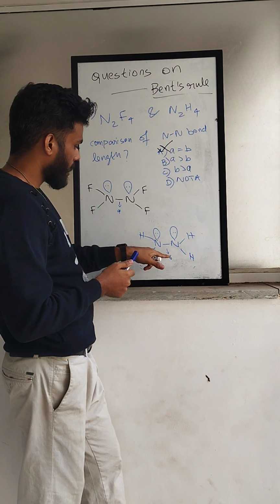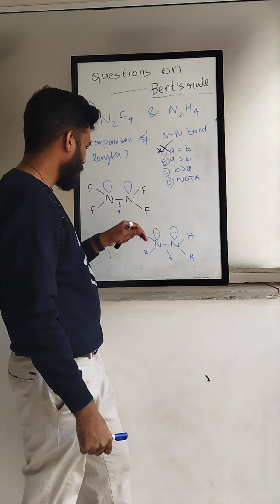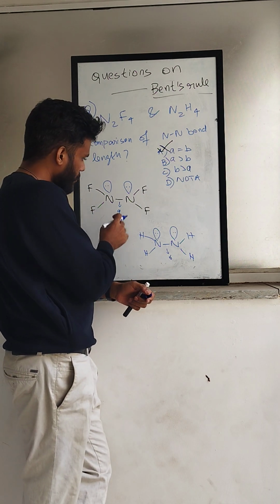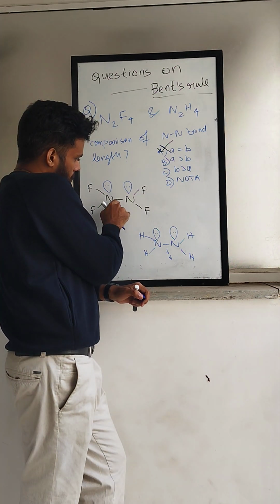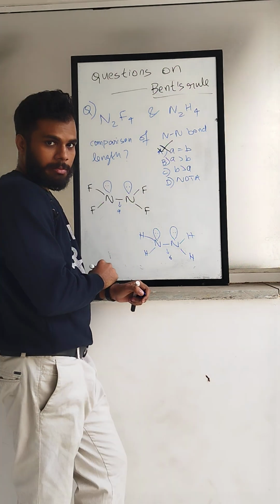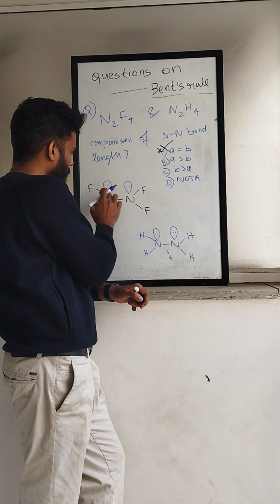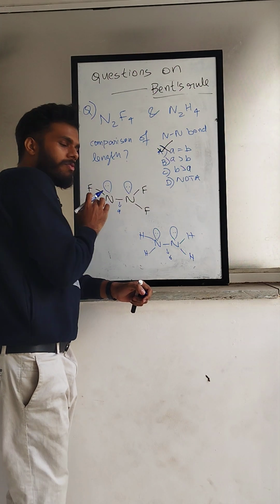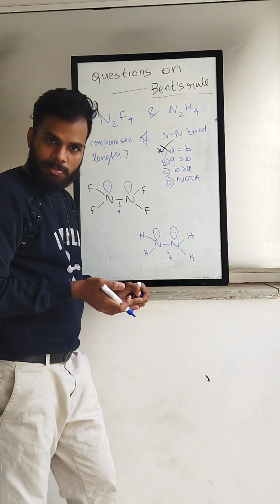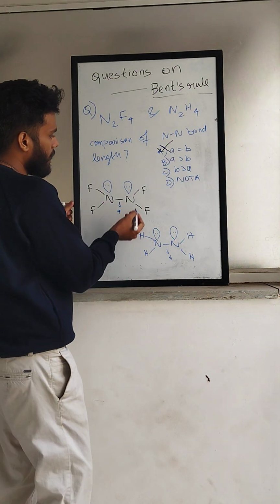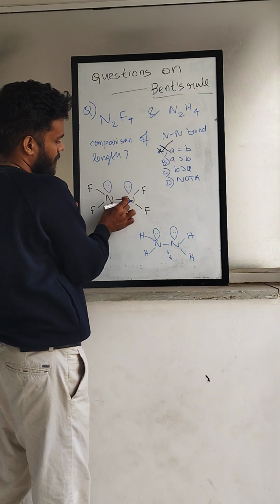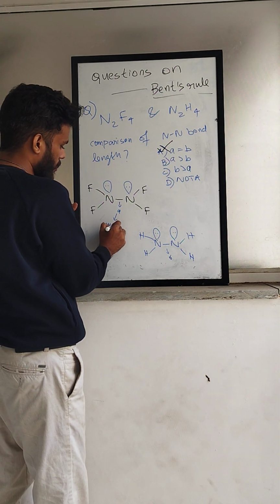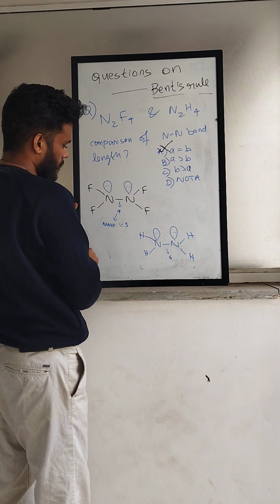Okay, so here you have A and B. Now you need to see that this orbital is hybridized, this is also hybridized, and so on. What will happen is that fluorines will go for orbitals with less percentage s character, which will increase the percentage s character here. So here there is more percentage s character.